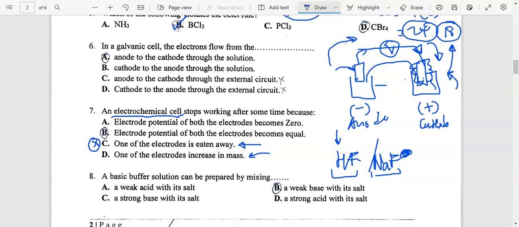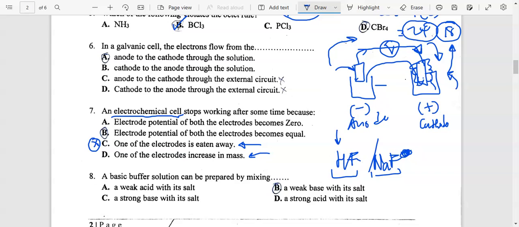Now, this is more acidic, like you started with an acid. Now, when you're preparing a basic buffer, it has a basic pH, and it is prepared by mixing a weak base and its salt with a strong acid.